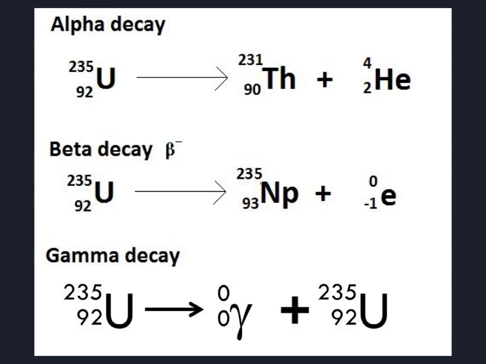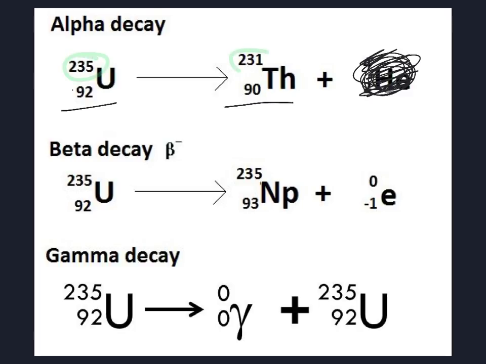Alright, so here's the types of problems we would give you. If I were going to give this to you, I would cover up this part, and I would tell you that I have uranium-235 and it decays into thorium-231. And you would have to go, what happened here? Well, we have our mass number, and I'm going to look at this mass number and see what happened.